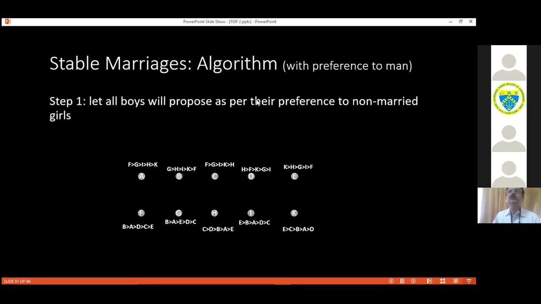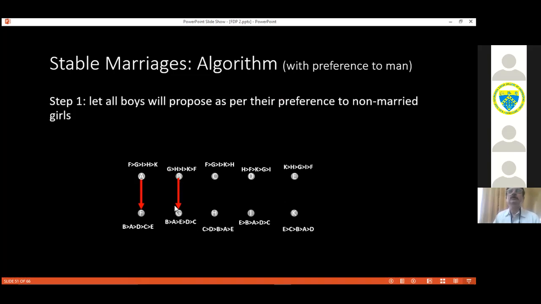Now this is the boys' preference. The boys will propose first. I'll ask A one by one if he wants to marry. A's first preference is F. Then I'll ask B, the second boy. In his list G, H, I, K, F, G is the first preference, and that girl is available.